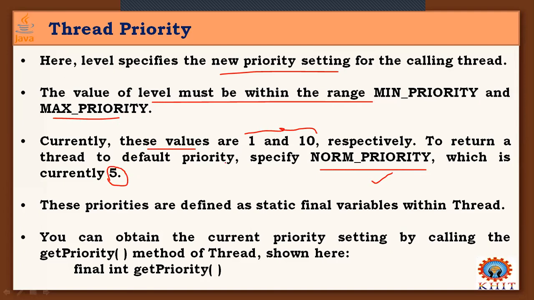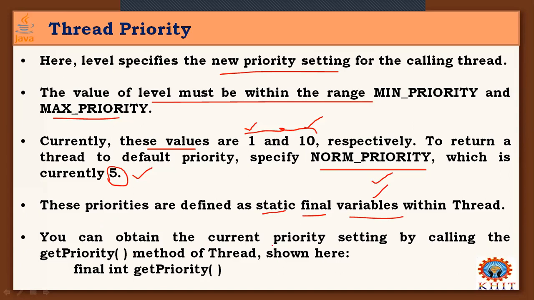So you can consider 1 as the minimum priority, 10 as the maximum priority, and the normal or default thread priority is value 5. These priorities are defined as static and final variables. Once this priority is assigned, we cannot change it within the thread, right?